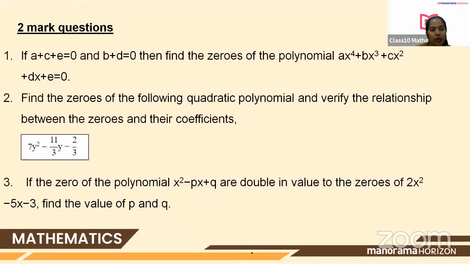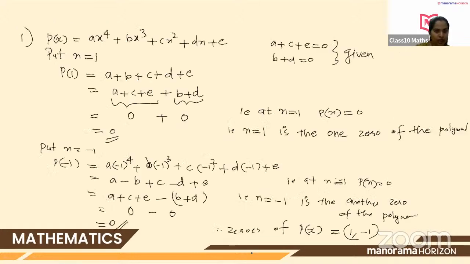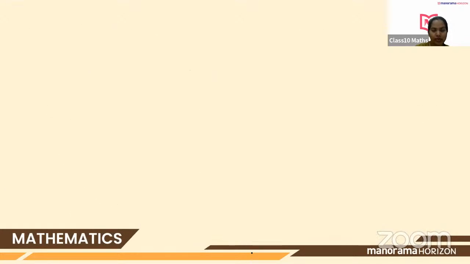So next is: if the zeros of the polynomial x square minus px plus q are double in value to the zeros of 2x square minus 5x minus 3, find the values of p and q. So here the question number 3 is given.